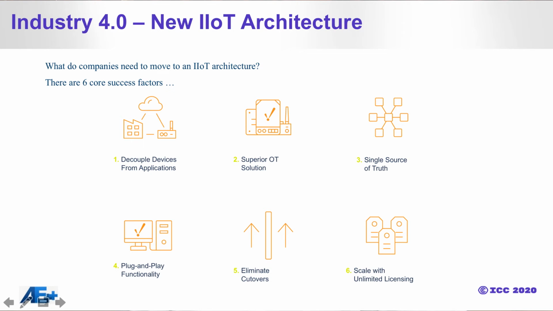So this is a very important factor. Second is superior OT solution. Third is single source of truth. Fourth, plug and play functionality. Fifth, eliminate cutovers, and sixth, scale with unlimited licensing. These are some of the new architecture, you would say, which is all found in Ignition, and which is why Ignition is a very, very powerful product.